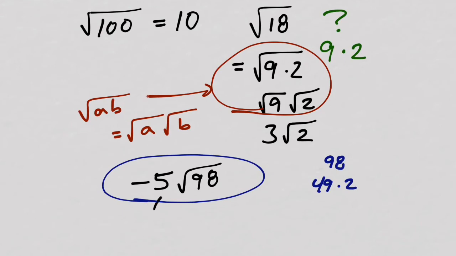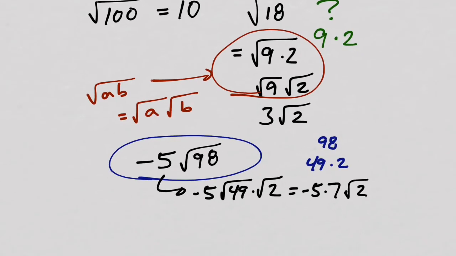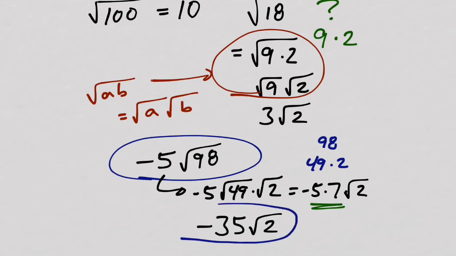So I can think of this as negative 5 times the square root of 49 times the square root of 2, which becomes negative 5 times 7 times the square root of 2. And we can simplify that a little bit further by multiplying these two numbers together, the negative 5 and the 7. And so we end up with negative 35 times the square root of 2. So negative 5 times the square root of 98 simplifies to negative 35 times the square root of 2.